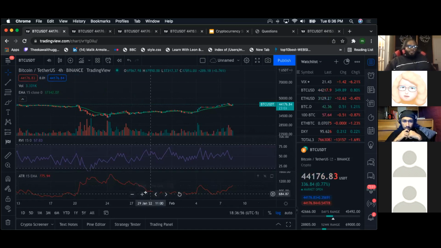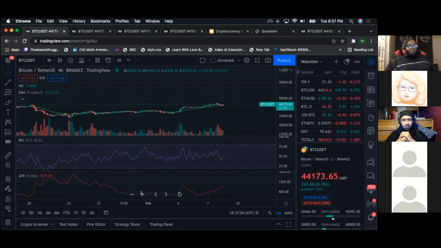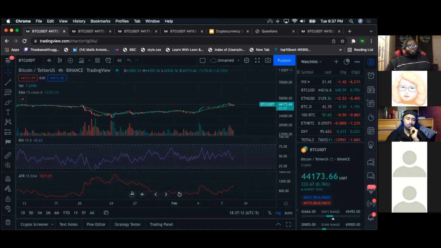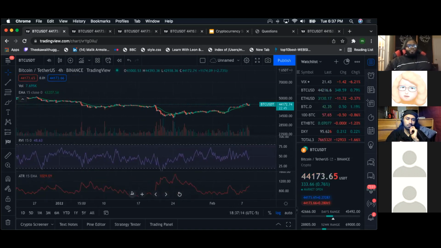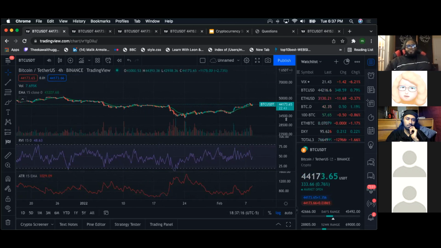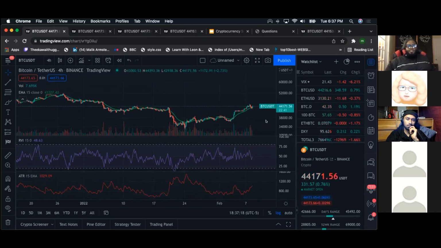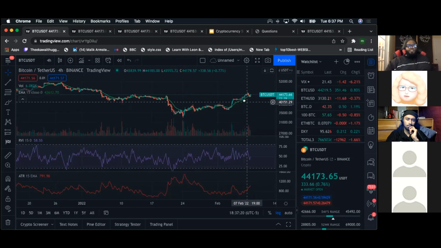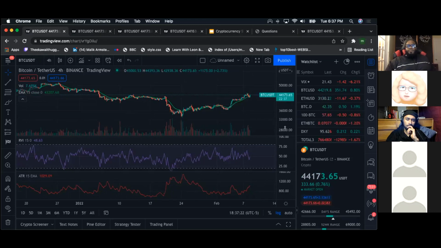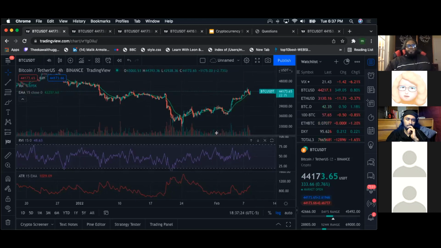For starters, I would highly recommend new traders look to purchase and hold, to be a long-term investor, and not trade in and out until you become a better trader. But we're going to shrink this anyway, because it helps you understand intraday trading. Each of these candles represents a 4-hour window, a 4-hour time frame.